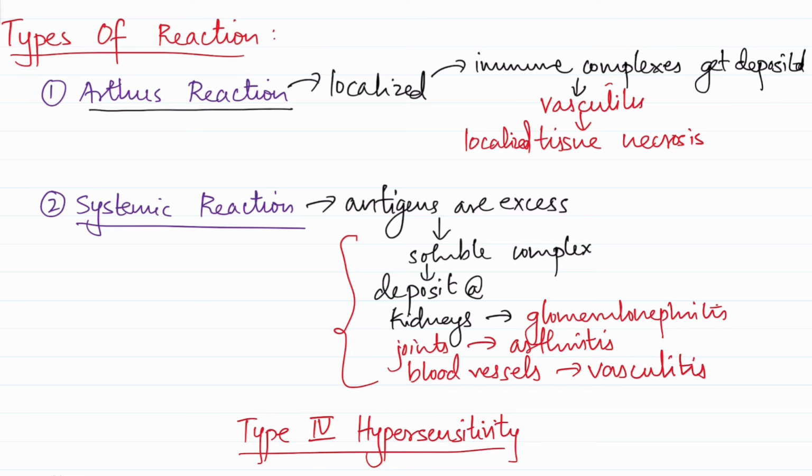This kind of type 3 systemic hypersensitivity reaction, which developed due to the serum of foreign animals, was called serum sickness. Nowadays, it's not seen much. So serum sickness is a type of systemic type 3 hypersensitivity reaction. So that's all about type 3 hypersensitivity.